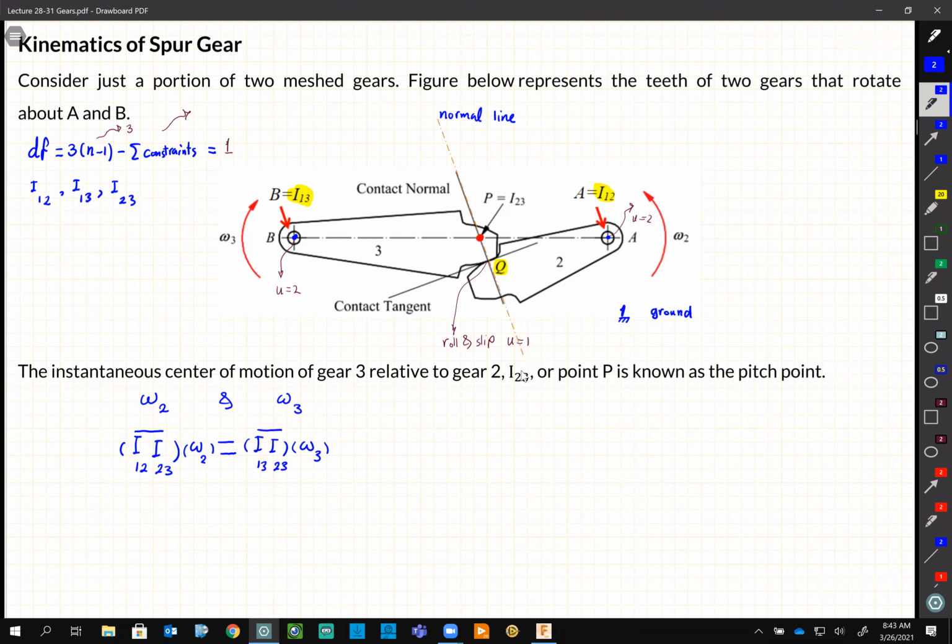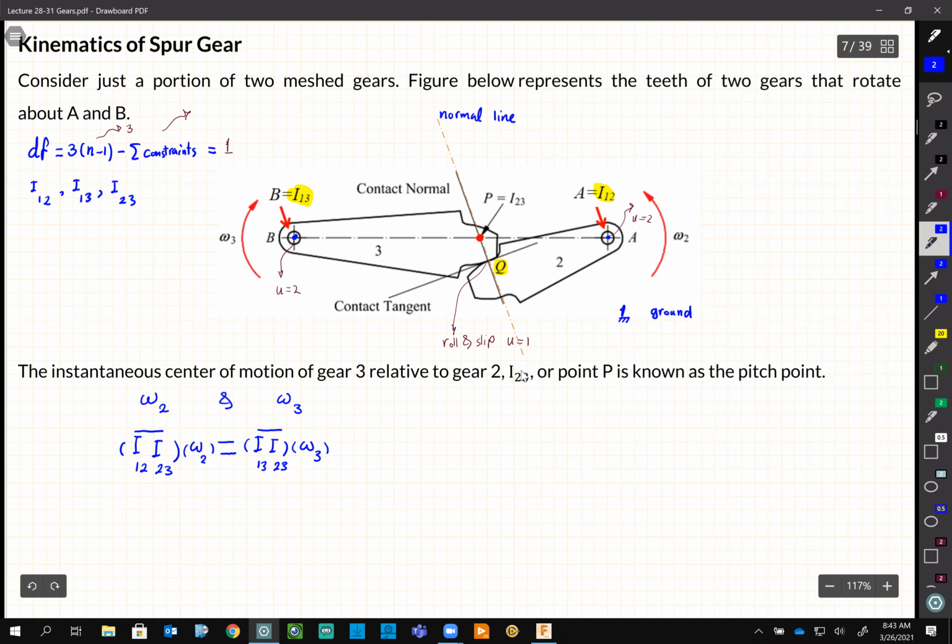So I have this relation here, and for simplicity, this I12 to I23 is like this distance A to P. And this one is B to P, right? Let's, for simplicity, call this one R2 and this one R3.